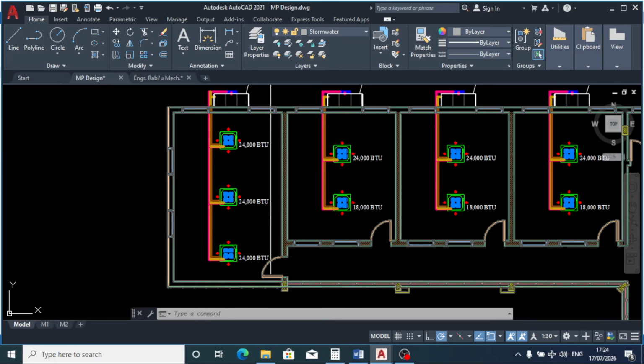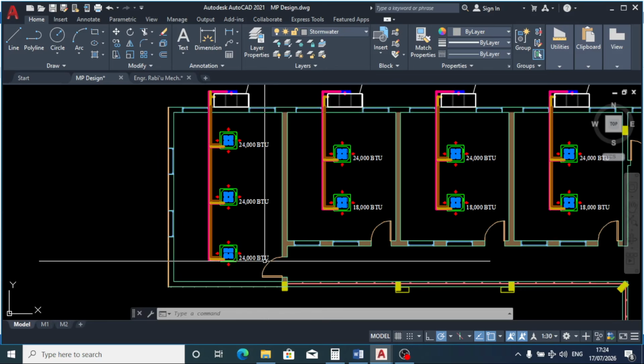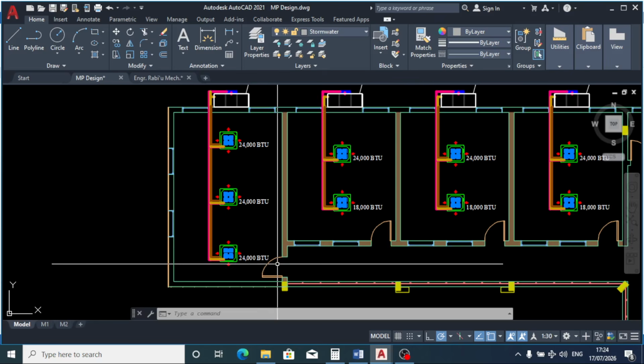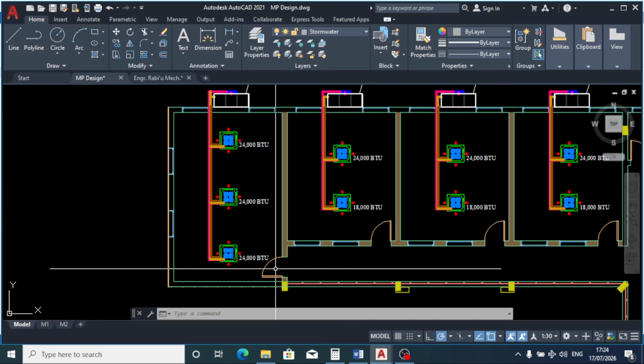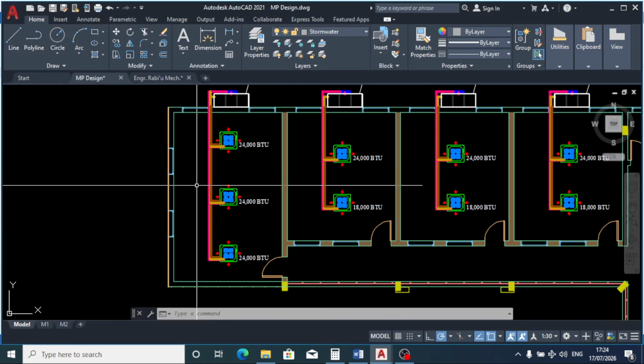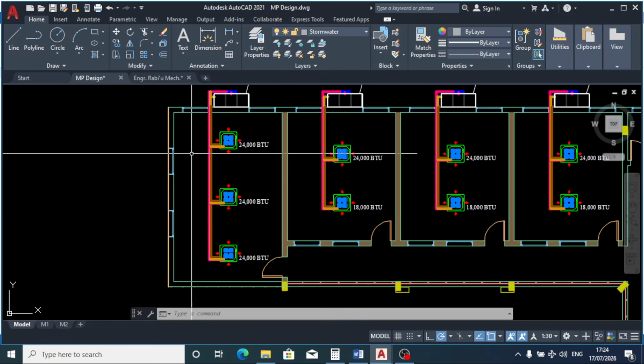Also, for the door, we assumed the door to be made of Turkish steel, not a wooden door. A wooden door will not conduct much heat as that of Turkish steel. So all these assumptions we made contributed to this outrageous cooling load value.